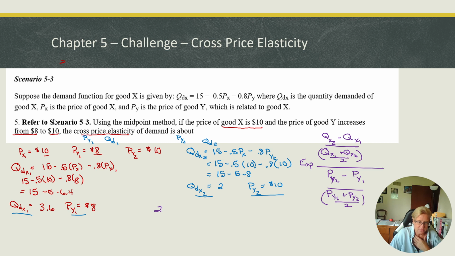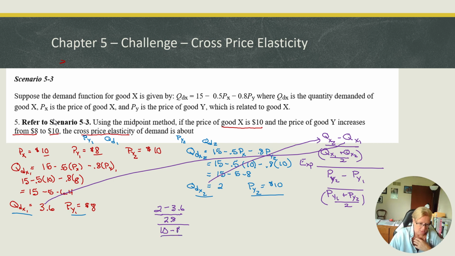2 minus 3.6, which is negative 1.6, over 5.6 divided by 2, which is 2.8, over 10 minus 8, which is 2, over 18 divided by 2, which is 9.